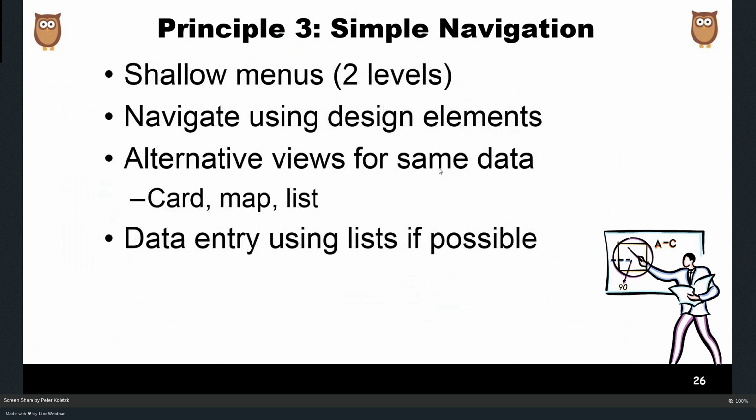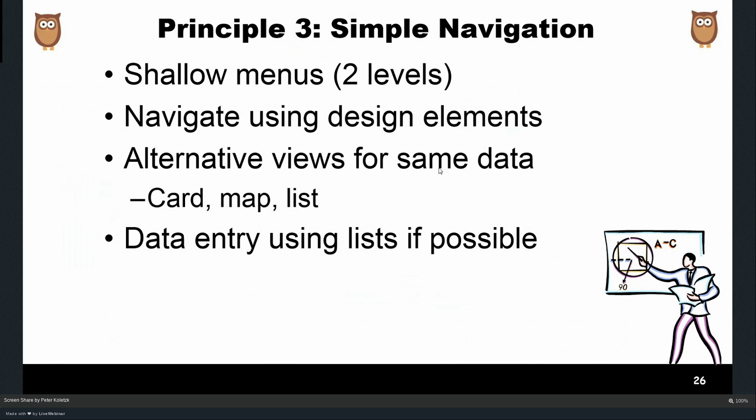Some other principles for navigation, shallow menus. If you have a pull-down menu, it's very difficult to navigate more than 2 levels because you sometimes lose the context and then you have to start over. So 2 levels would be a goal maximum. And navigate using design elements, and I'll show that again in the demo.